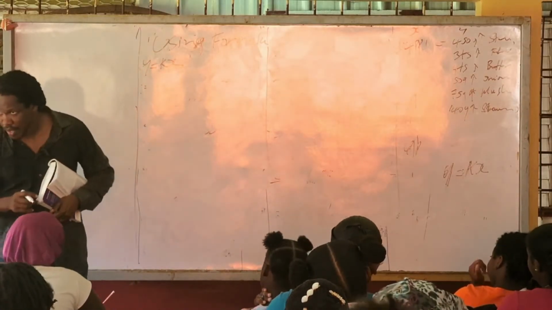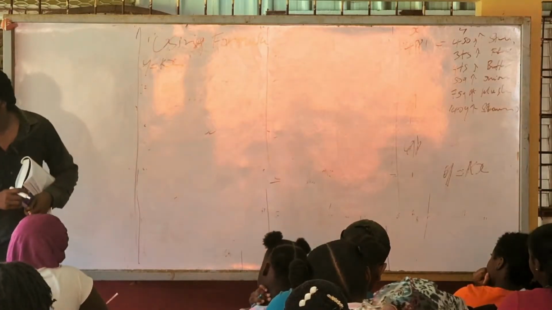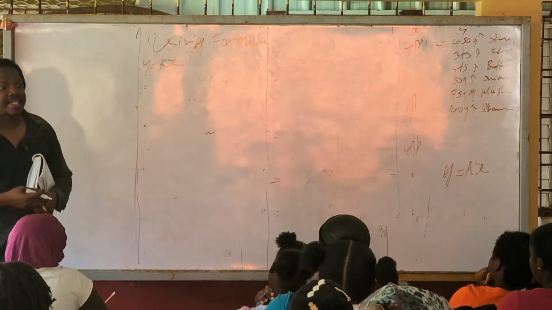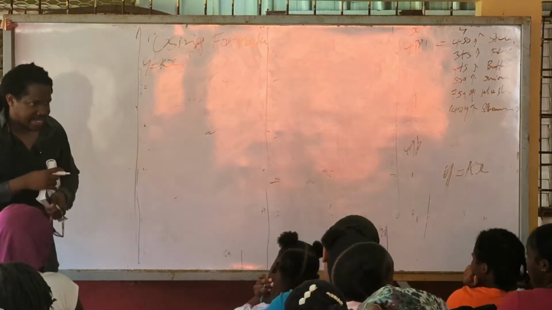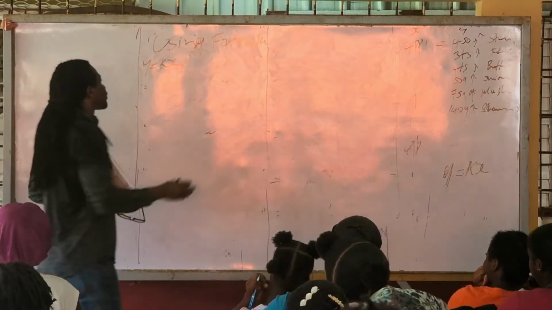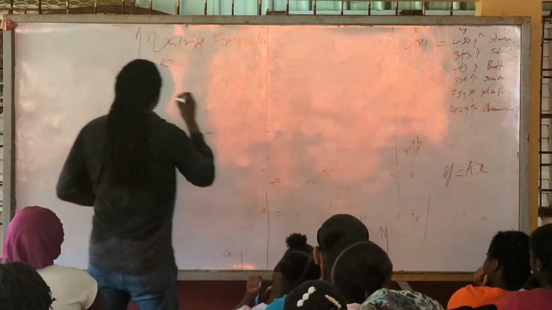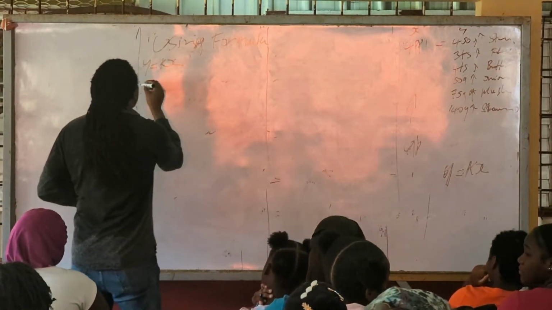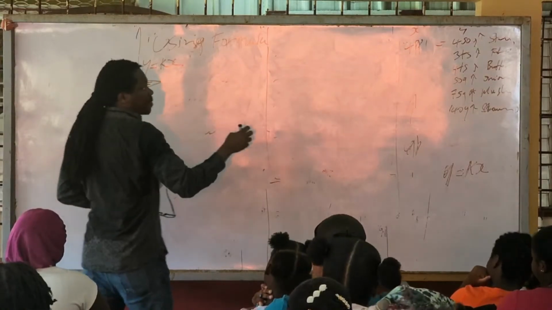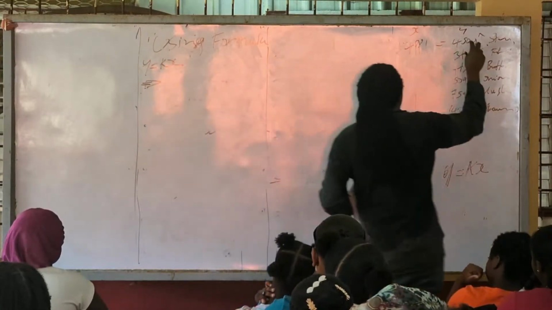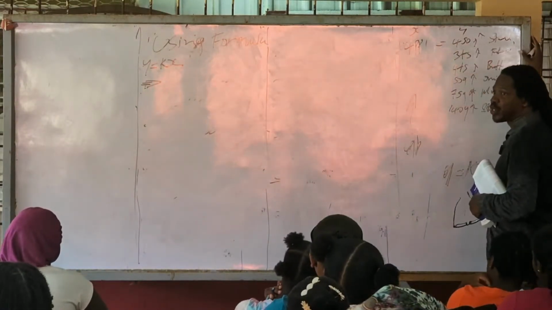Good. Why is it y equals kx? So that's the direct proportionality. Everybody understand that? Good. Implies, which one is y as far as flour and which one is x?